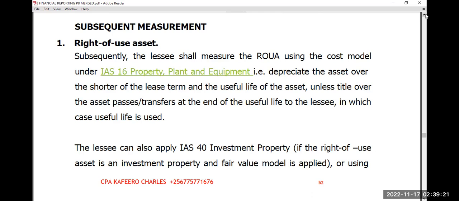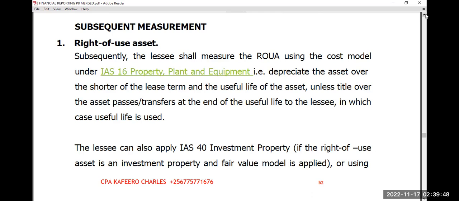If maybe you find that the useful life of the asset is 10 years, but the person has leased the asset for 5 years, and at the end of the 5 years the person is not going to buy that asset, then when calculating the depreciation we take the shorter, which is 5 years as the lease term.